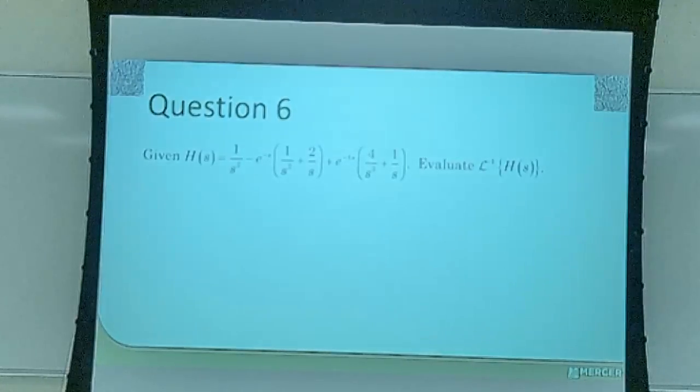Oh, joy. I'm going to break this down into separate parts, because remember, the inverse transform is also linear, right? So what we really want to do is just take the inverse transform of each of those three pieces and then combine them.